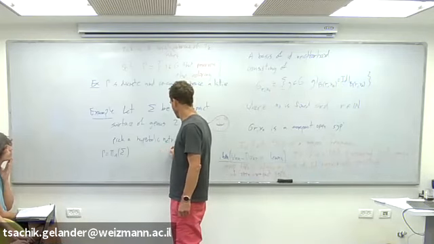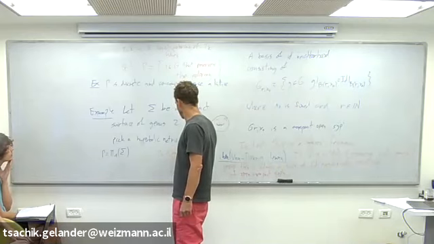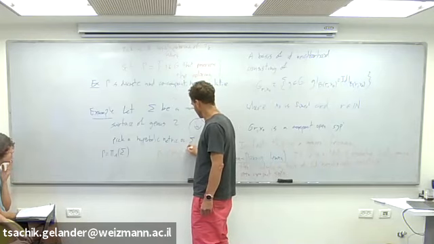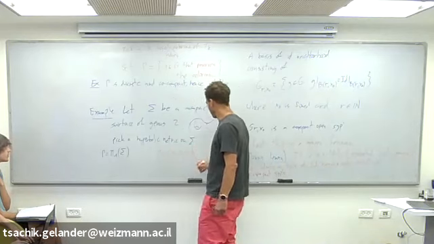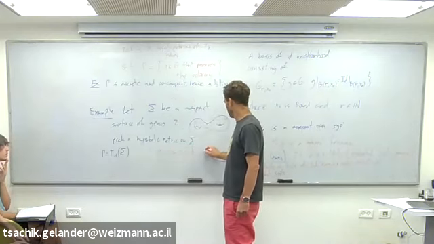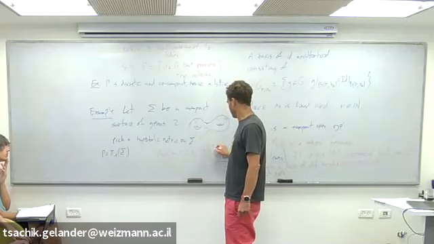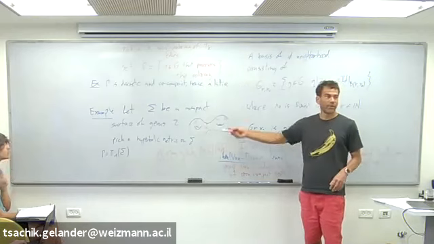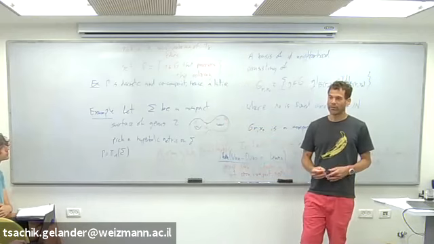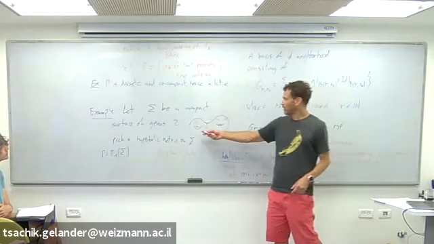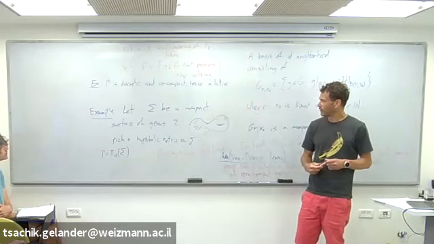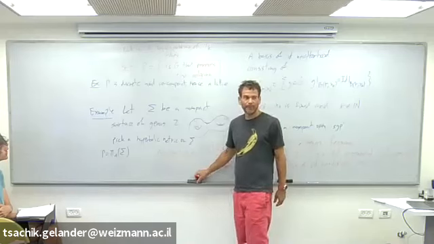So gamma as a presentation is generated by these four elements and one relation. The relation is that A1 B1 times A2 B2 equals the identity. So it's a one relator group. Actually every closed surface is a one relator group. It's defined by 2g generators and one relation, which is the product of them. So that's an example of a one relator group, and algebraically we understand it quite well.